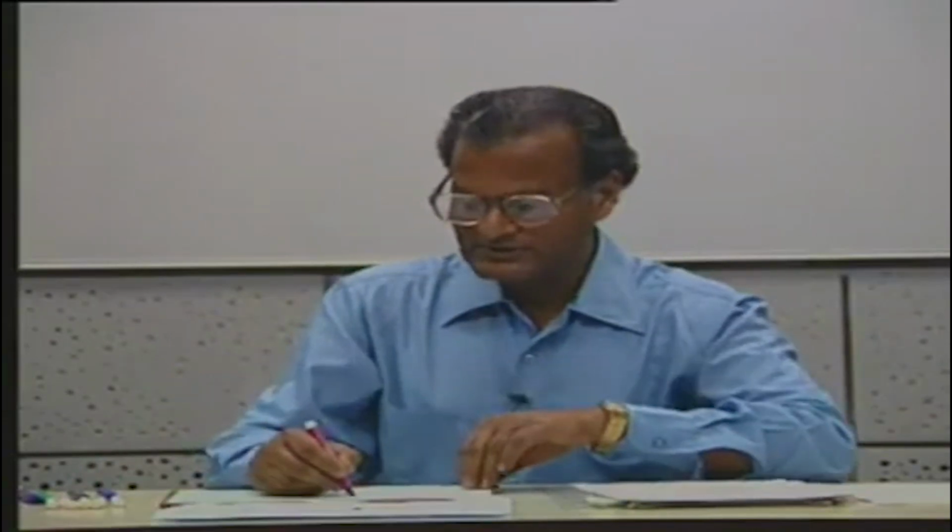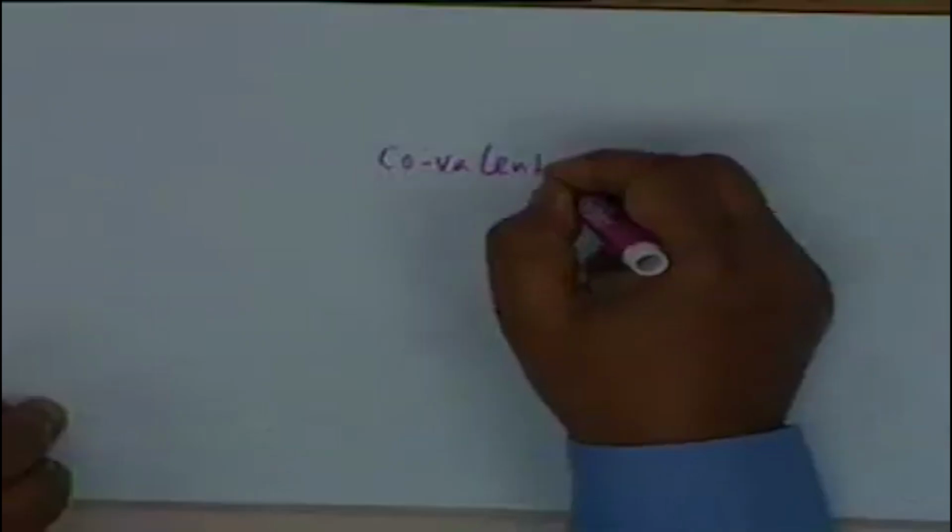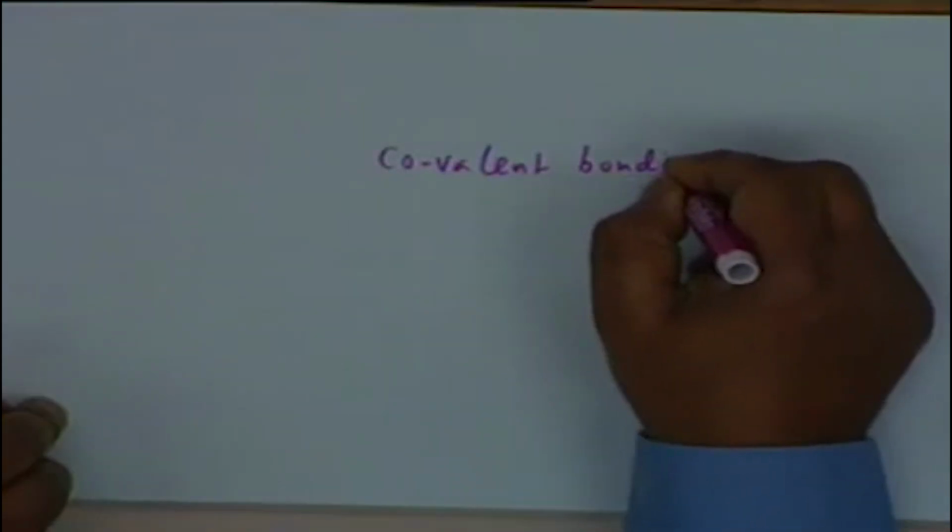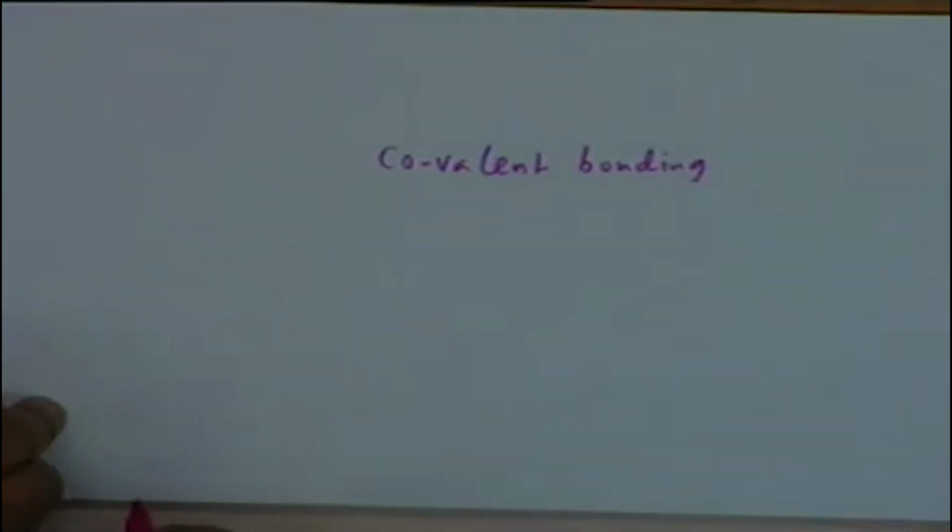Now, the bonding that exists between silicon atoms is the so-called covalent bonding. There can be many other kinds of bonding, but for our purpose, for silicon and germanium, the bonding is covalent, and it occurs due to the sharing of electrons between atoms.